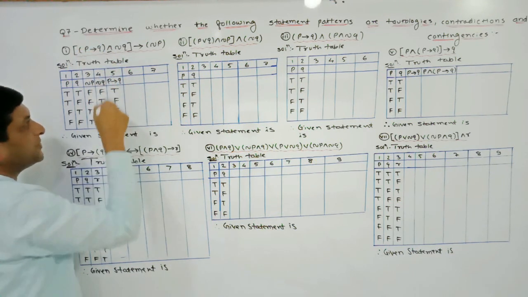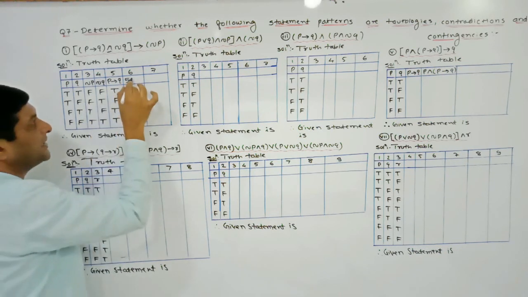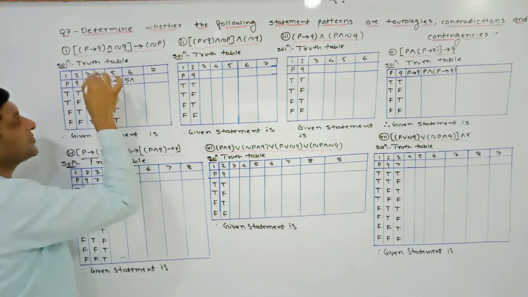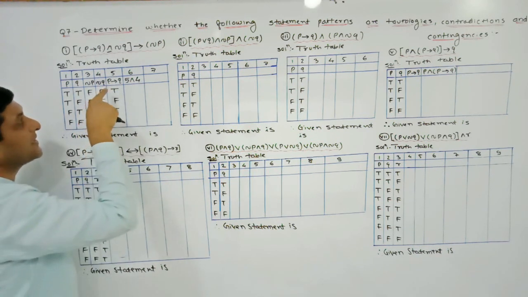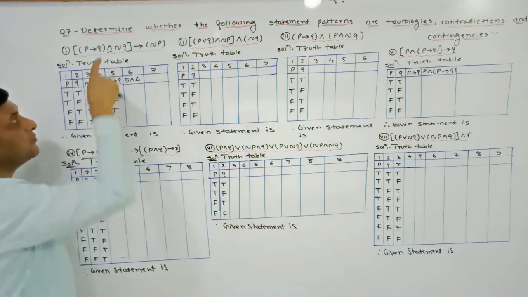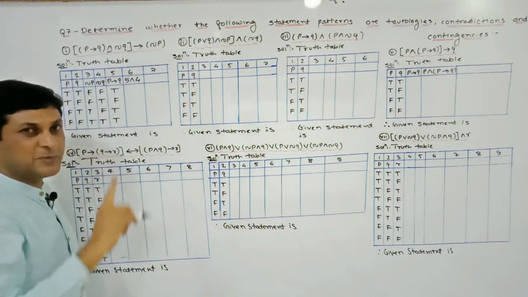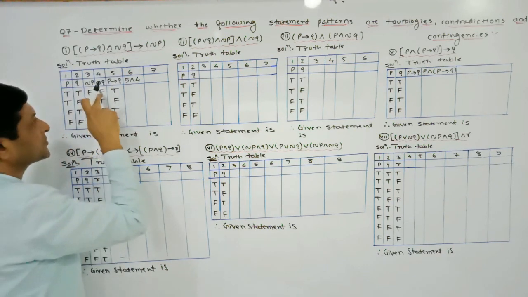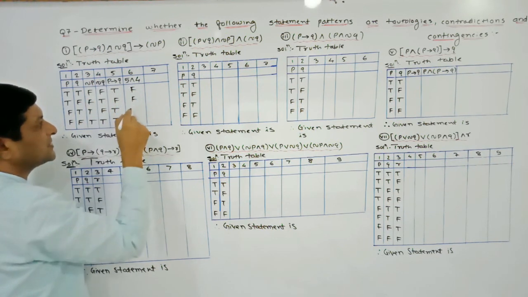Now we are finding the conjunction of P implies Q. The truth value of P implies Q appears in column number 5, and negation Q appears in column number 4. In short, we are connecting these 4 and 5 by which logical connective? And. In case of and, if at least one statement is false, and will be false. So here false, false, false.